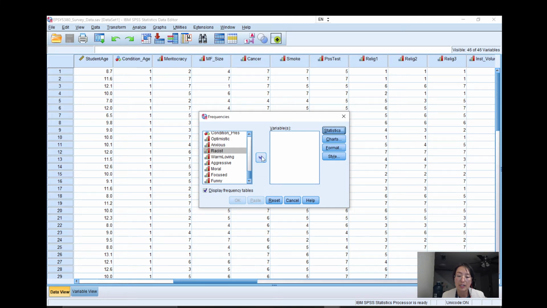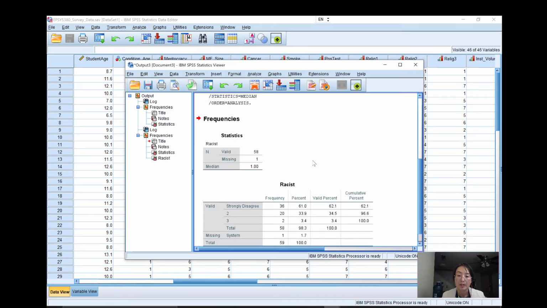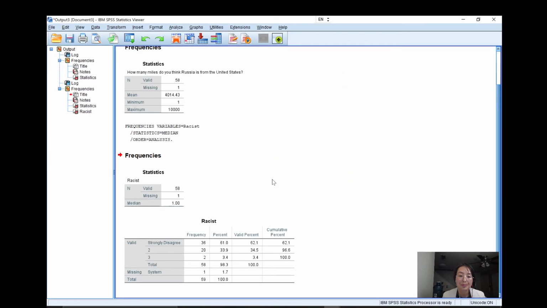Oh, I forgot to select this. Because at this time, we only have, remember, 7 of these possible responses. So a frequency table is totally fine. Okay, let's see now.